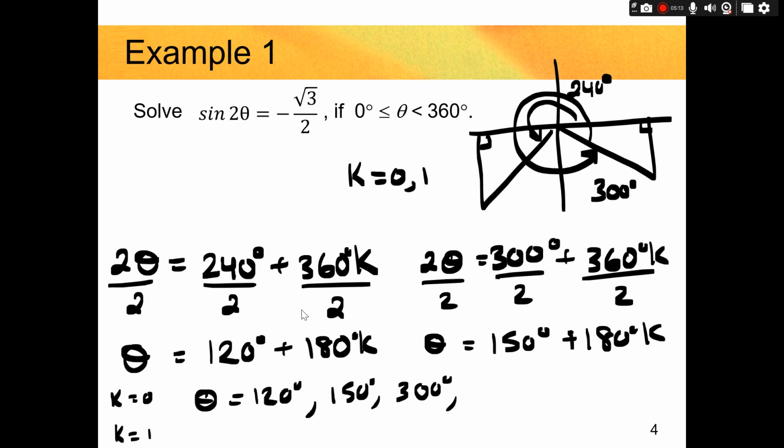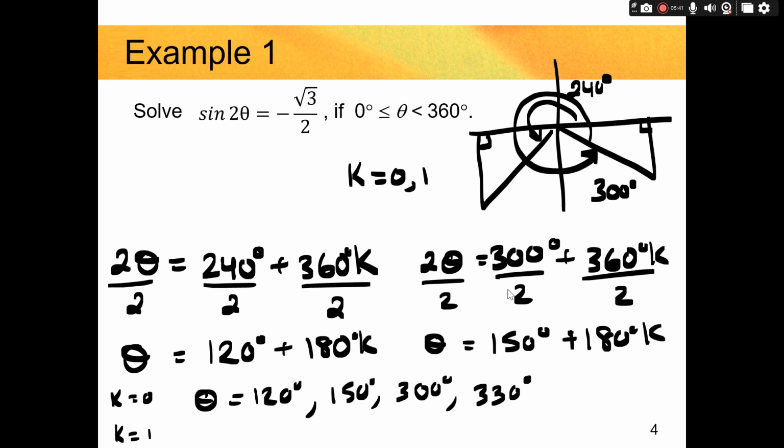It's 120 plus 180, and 330. It's 180 plus 150. We don't need to go on because 330 is pretty close. If I had k equal to 2, then I would definitely go beyond 360. So your answers are going to get close to 360, but not going over.